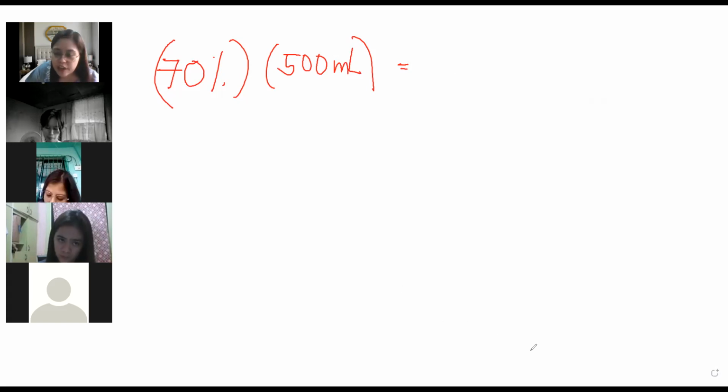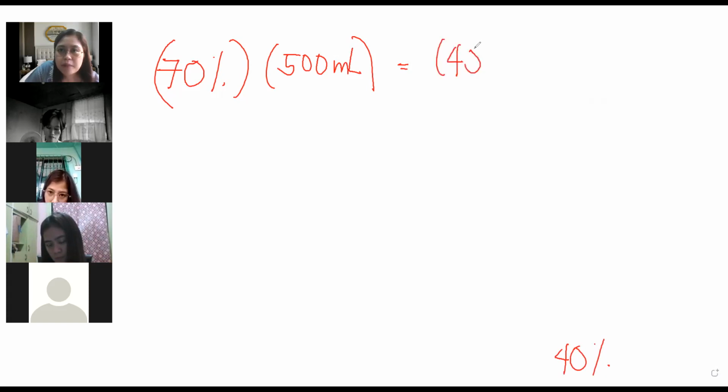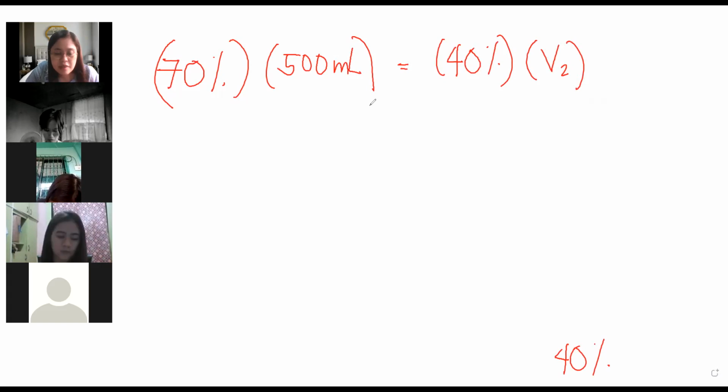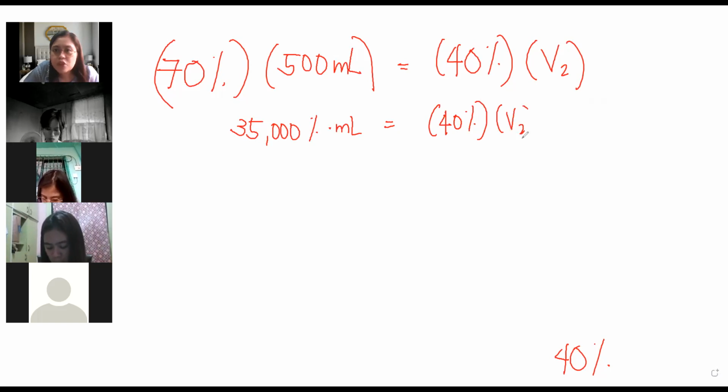But for ethyl alcohol, the lowest possible concentration that can still kill and prevent the growth of bacteria is 40%. So example, your goal now is to make just 40% ethyl alcohol. So how much water will you add? So again V2 is what we are looking for. We multiply the same way, class. 70% times 500 ml equals 40% times V2.